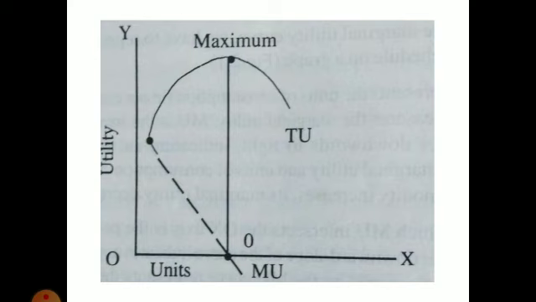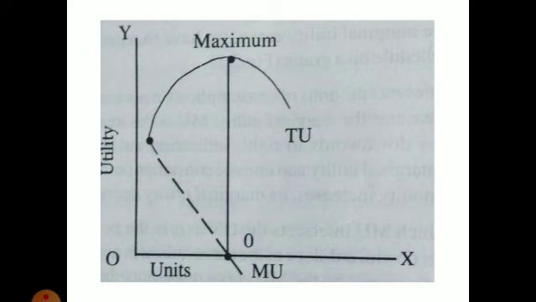In this diagram, we have drawn both the curves, namely the marginal utility curve and the total utility curve. MU represents the marginal utility curve and TU represents the total utility curve.